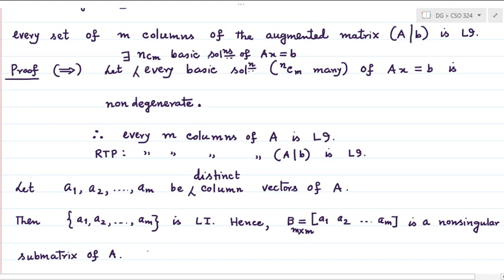So let us suppose you have (p1, p2, ..., pm), then the rest zeros, n minus m many zeros.